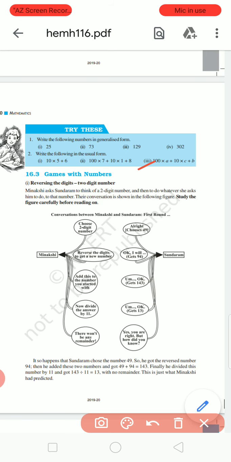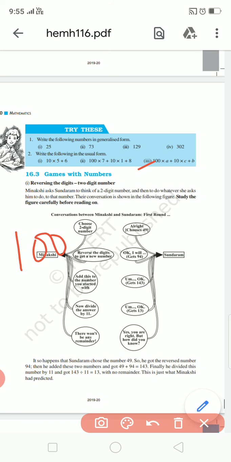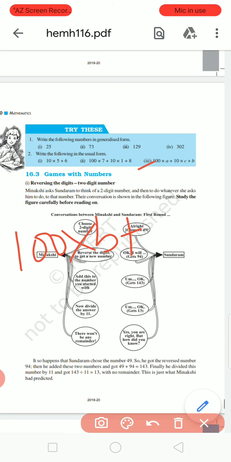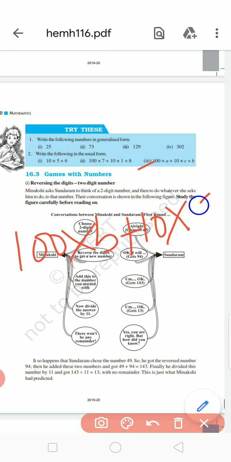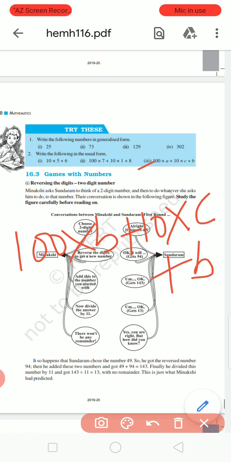Let us come to the last part here. We have to write the usual form of 100 into A plus 10 into C plus B. So how can you write this?